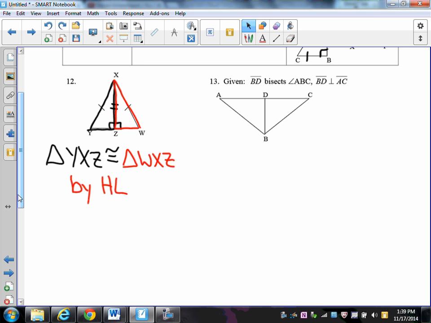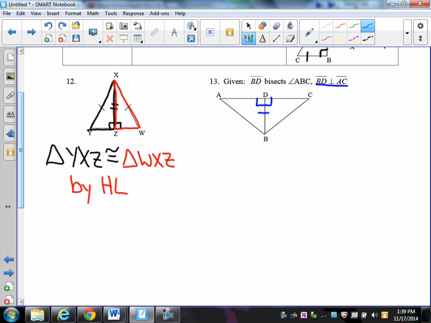So I like this next example, number 13, because it shows you just because we have a right triangle does not mean that it will always be by hypotenuse leg. So because we're told BD is perpendicular, remember that upside down T means perpendicular to AC, so we have two right triangles. Just because they're right triangles doesn't always mean they're congruent by hypotenuse leg. We know that BD is congruent to BD.